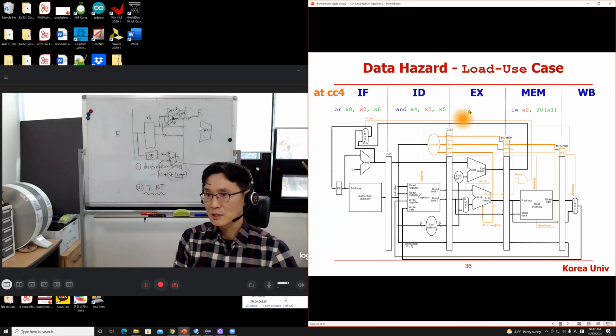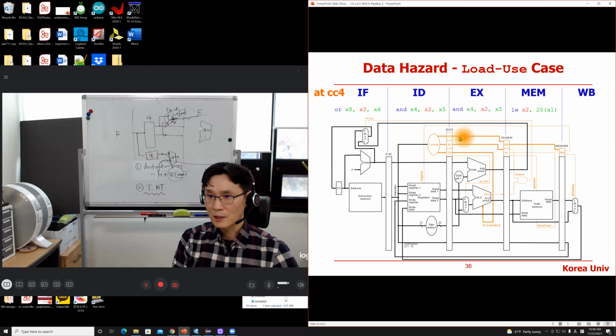The LW instruction is moving, right? But these two get frozen, they don't move. Then what instruction is in the execution stage? If you don't do anything, what is happening? The next instruction is moving, copied to the execution stage, like this.